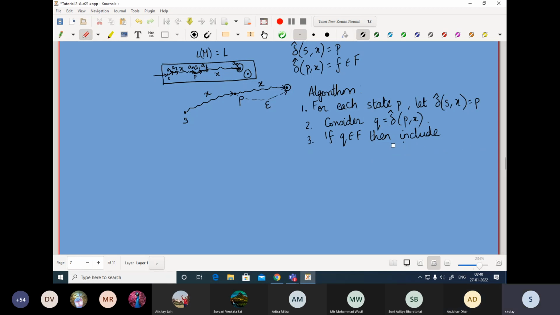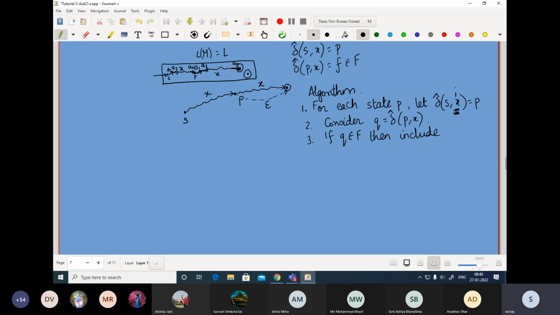Why not this algorithm? Because you have, ma'am, there can be loops, right? There can be loops also. This is the shortest path that we can determine, not all x's. Yeah, shortest path may not work.